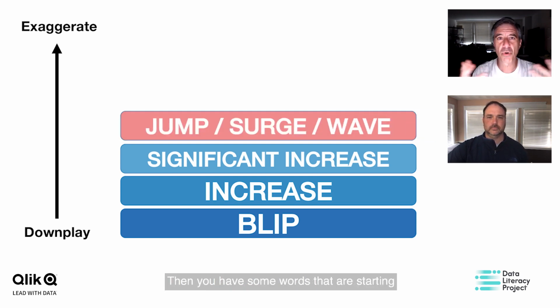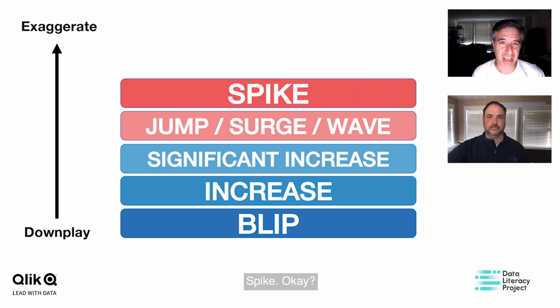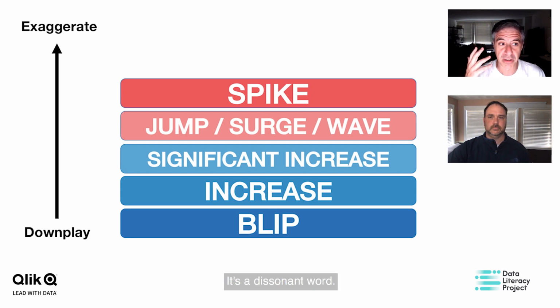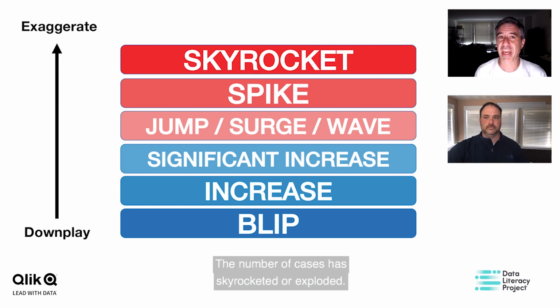Then you have some words that are starting to get a little more serious. A jump in cases, surge, wave. Now, surge, wave, those aren't that scary. The next one is why we're here, spike. That one is like, pay attention, folks, there's a spike. It's a dissonant word. Then there's more, though. You get to skyrocket. The number of cases have skyrocketed or exploded.